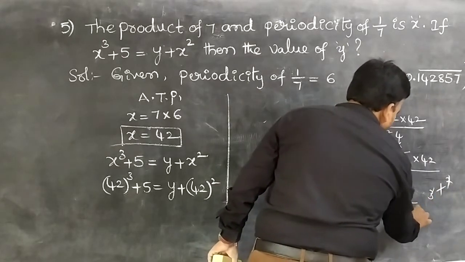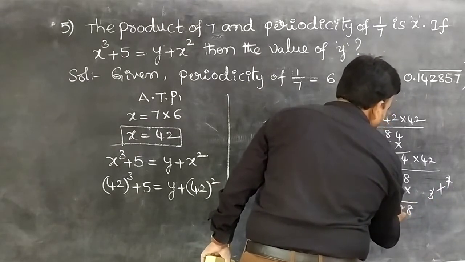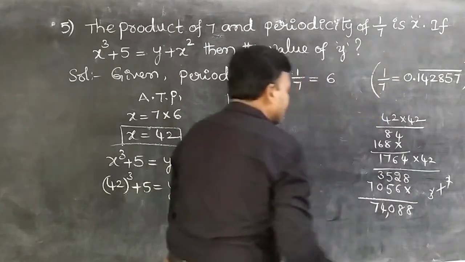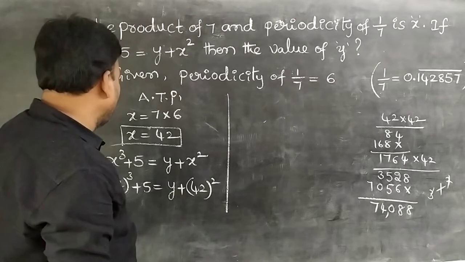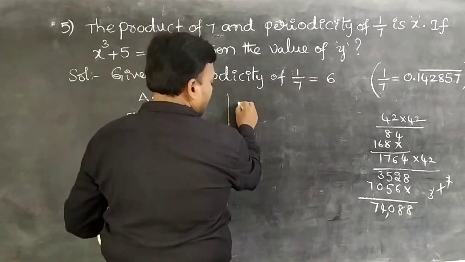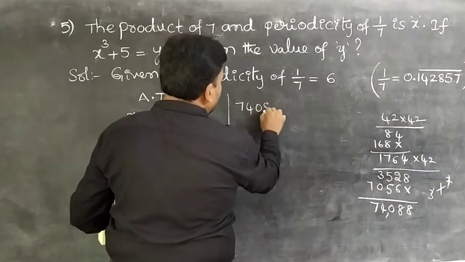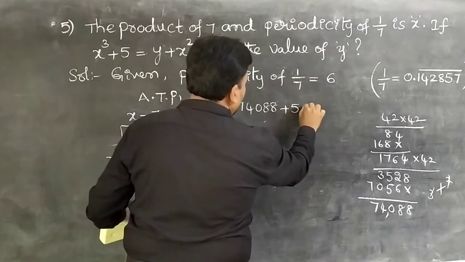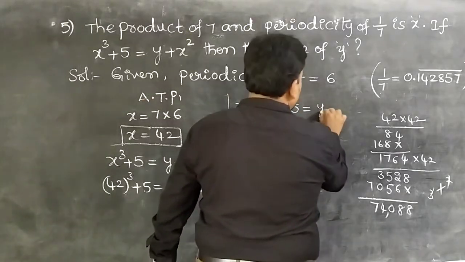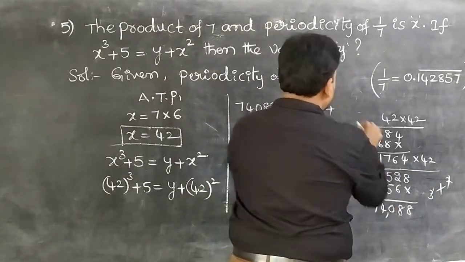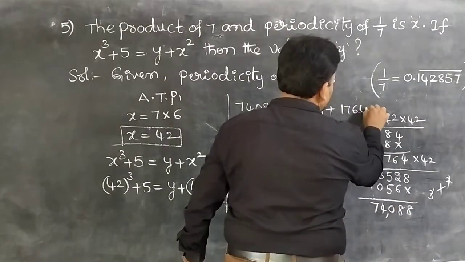So that is 8, 8, 0, 4, 7: 74,088. So 42 whole cube value you can express here, students, as 74,088. So plus 5 equals y plus 42 whole square value, 1764.